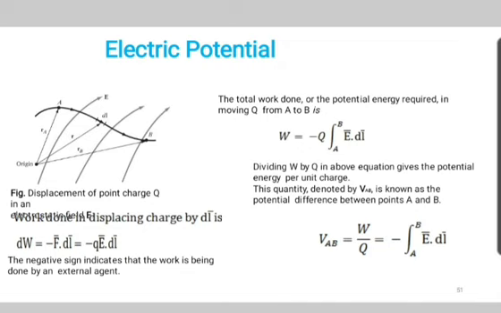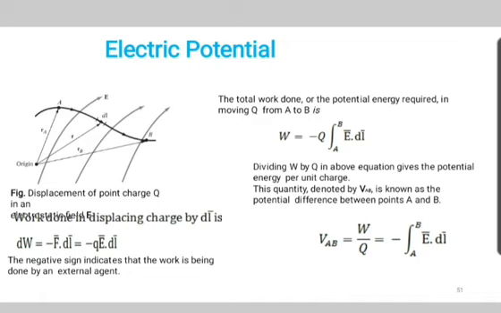So the displacement of point charge q is shown in the figure. The total work done, or the potential energy required in moving a charge q from A to B, is W is equal to minus q integral from A to B of E bar dot dl bar. So dividing W by q in this equation, we get the potential energy per unit charge.